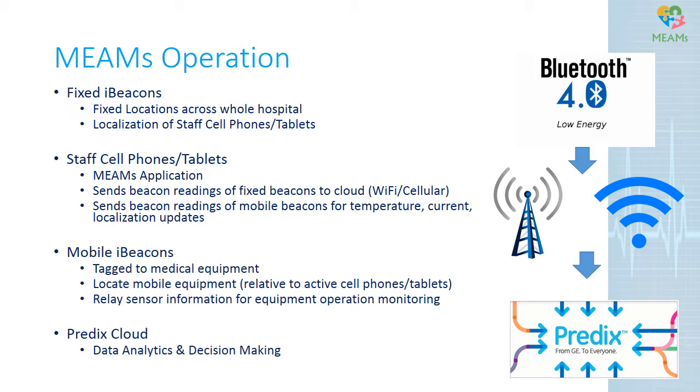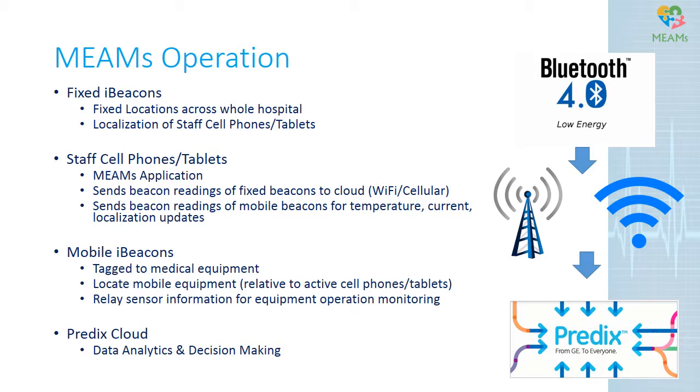More specifically, the fixed beacons of the Bluetooth low energy technology are installed in fixed locations across the whole hospital. Their main job is localizing staff cell phones and tablets. Based on the predefined locations of these beacons, we are able to identify the location of the tablets or cell phones that are seeing these fixed iBeacons.